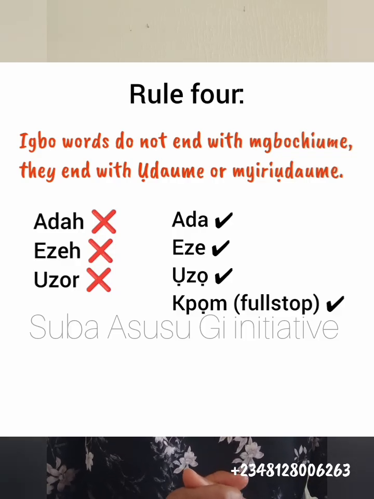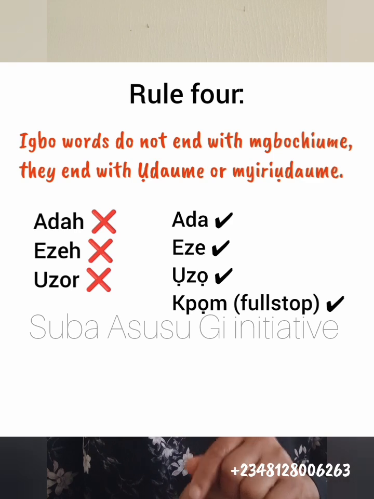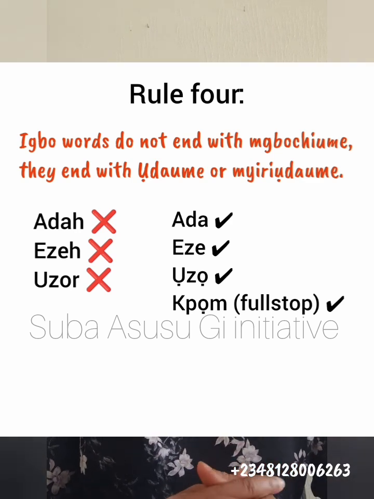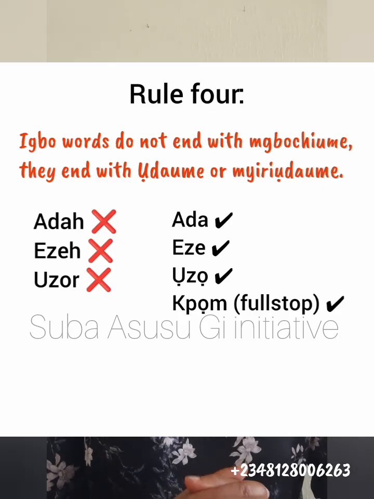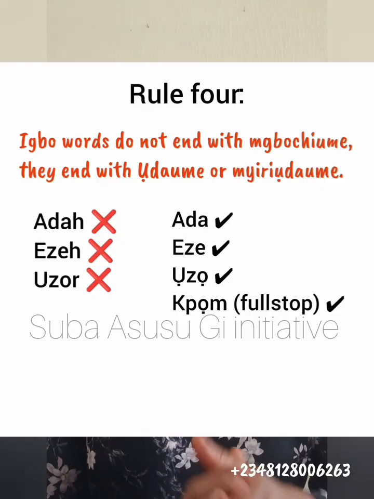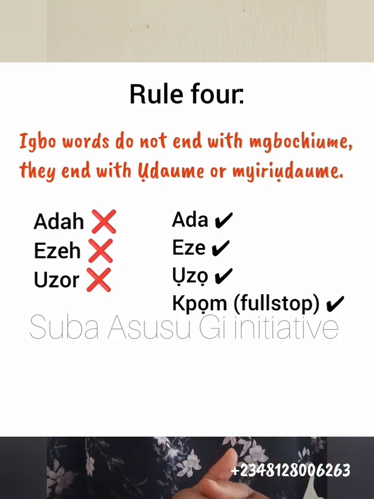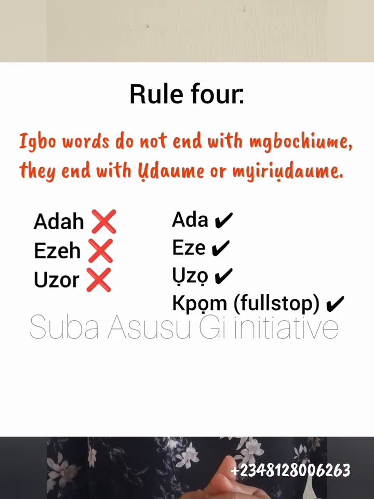Miri udaume. So because of the miri udaume here, I had to go to pseudo vowels to explain what they are. So now you know the 8 vowels and you know the 2 pseudo vowels. So that's what Igbo words end with. They don't end with consonants.